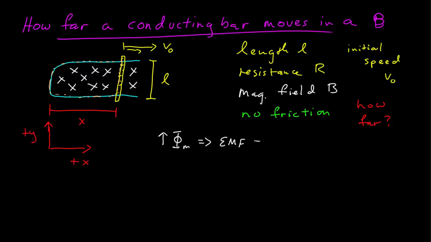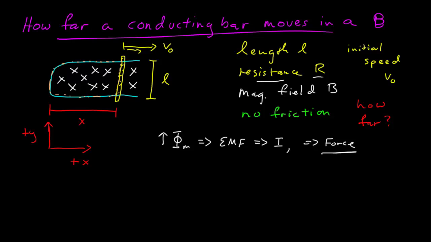And that EMF then is going to lead to a current in that conducting loop through this bar that has a resistance of R. We also know that a current-carrying wire in a magnetic field feels a force on that wire. Presumably, since there's no friction, no drag, or anything else to slow this down, if this thing is eventually going to come to rest, it's this force which is bringing it to rest.